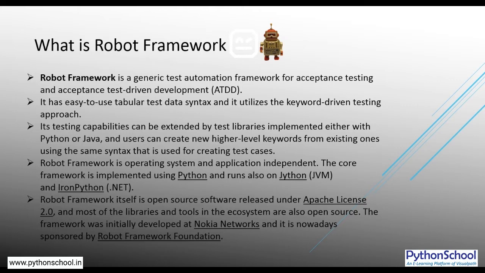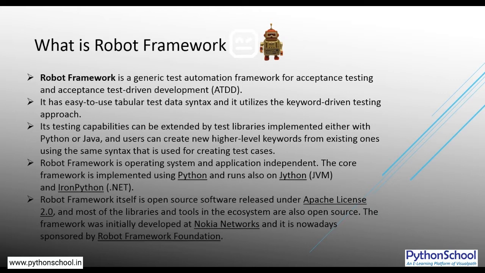It has testing capabilities that can be extended by test libraries, and these libraries are implemented in Python and Java, and we are basically focusing here on Python. Users can create new higher level keywords from existing ones, and we need to follow the same syntax that is used in the built-in libraries of Robo.